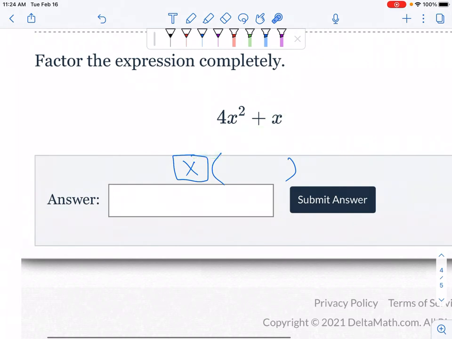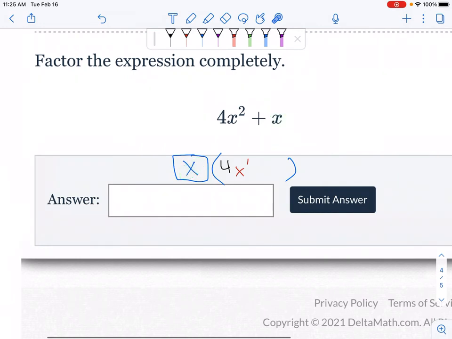So check this out. I'm going to do 4x to the second, and that is going to drop 1 power. So x to the second is now going to become x to the first. And my 4 isn't changing because I'm not dividing any numbers out. So on my second term, this x divided by x is going to delete itself.